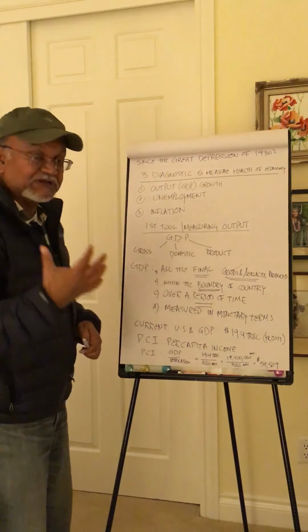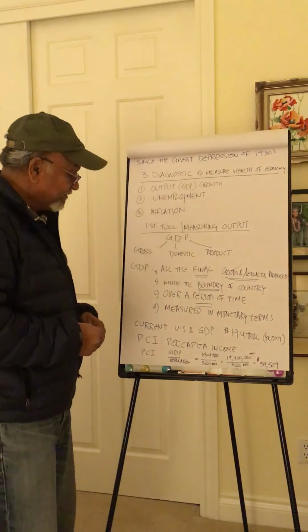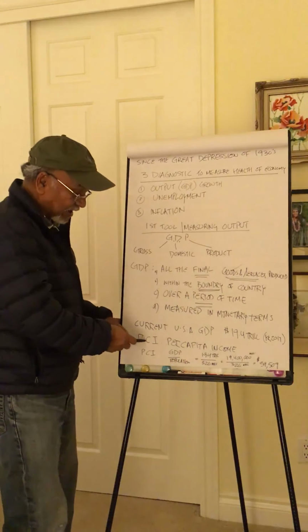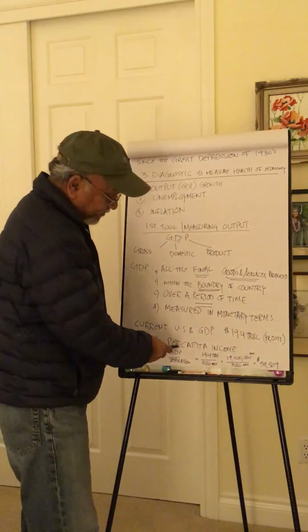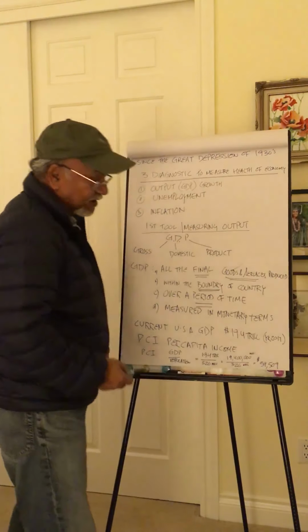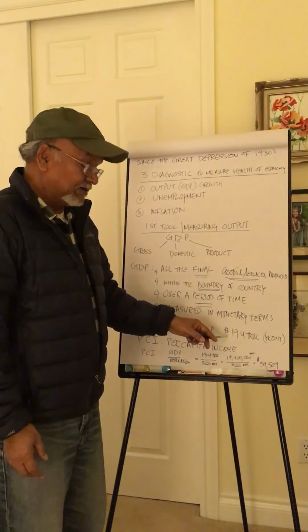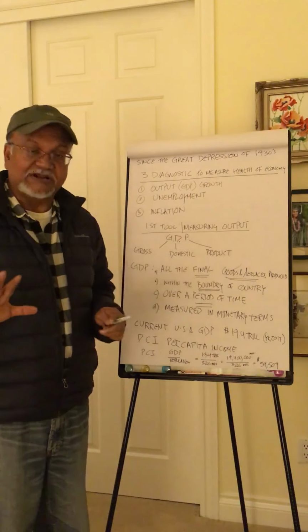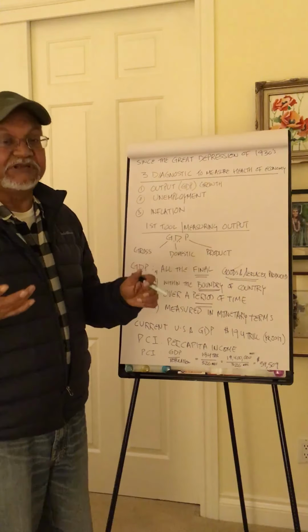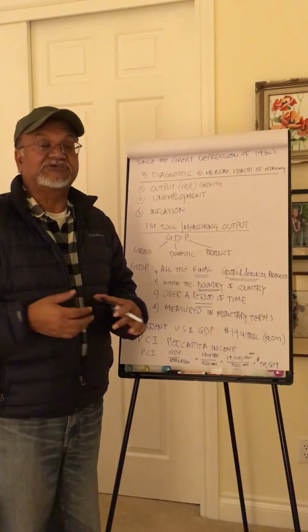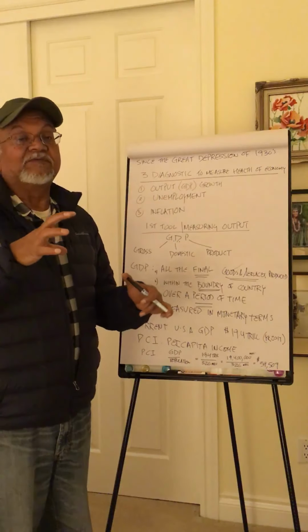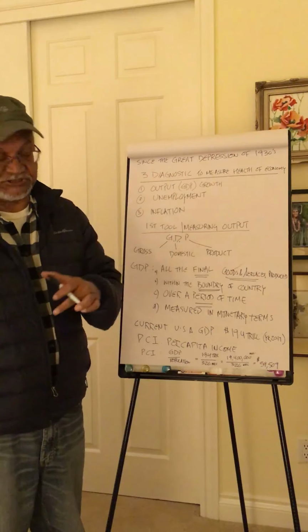So in order to see whether the country is rich or poor, we have another index called PCI, which stands for per capita income. What that means is, suppose this GDP is equally divided, though it's not equally divided, how much per person would there be in terms of production?